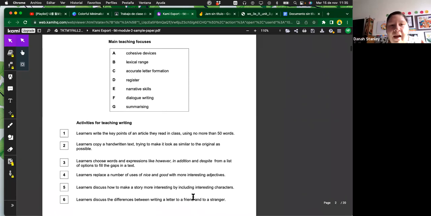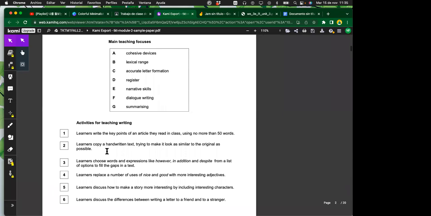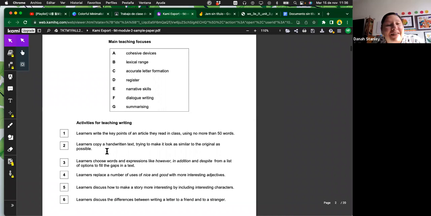Learners copy a handwritten text, trying to make it look as similar to the original as possible. Letter F. No, teacher.